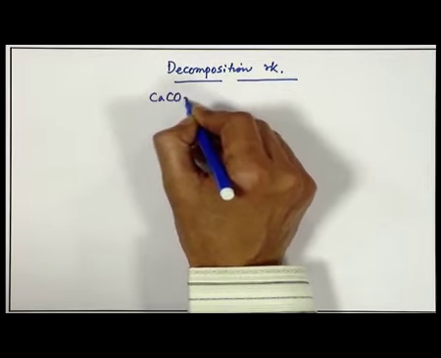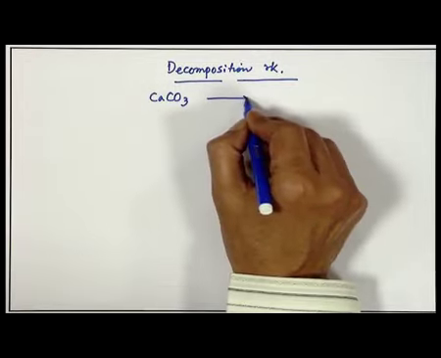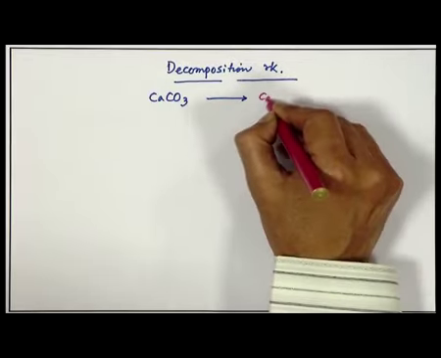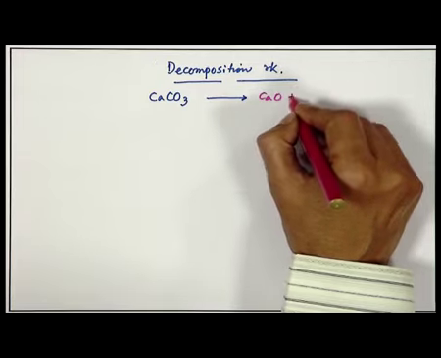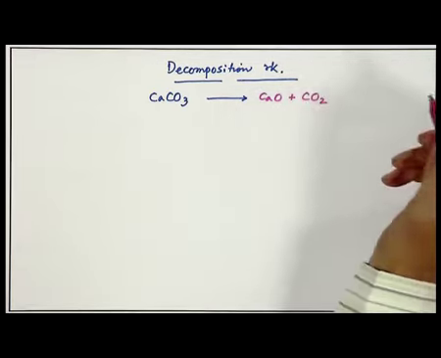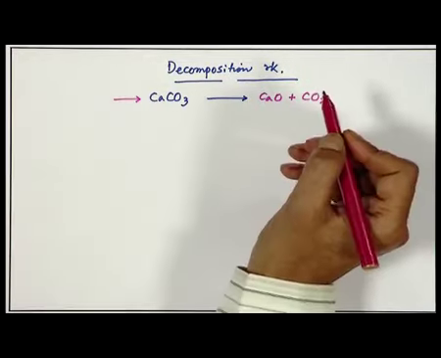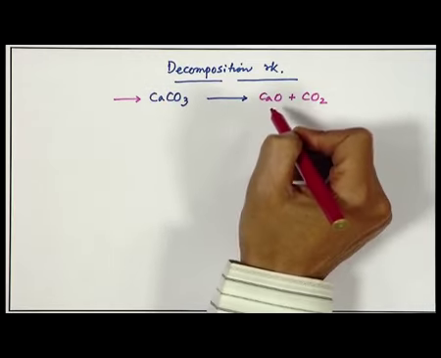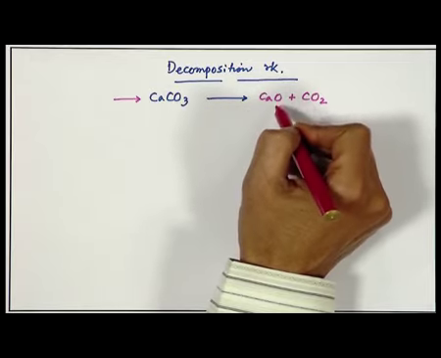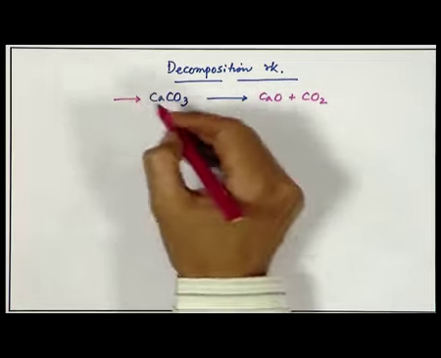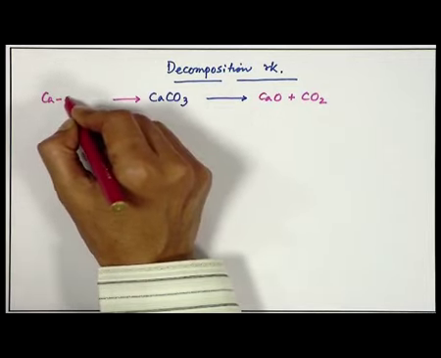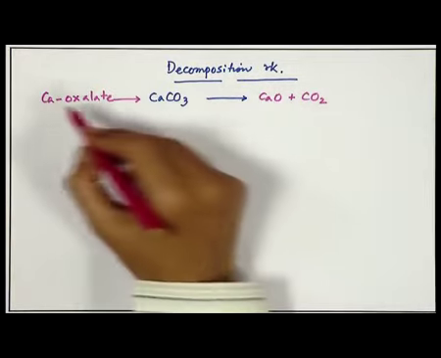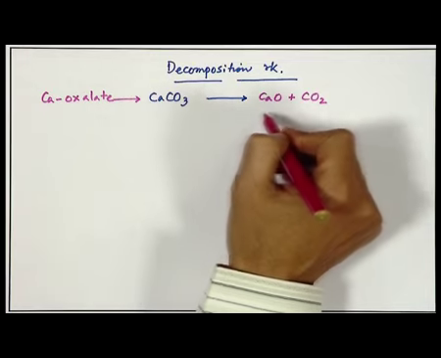One good example of a decomposition reaction, because there is no change in the corresponding oxidation states of the cationic part or the anionic part, we simply see that when decomposition is taking place for calcium carbonate, we get calcium oxide and carbon dioxide, because this is a very good analytical technique also for getting estimation of calcium and its corresponding analytical values for the presence of calcium in any unknown material, because we can have this and it can be obtained from calcium oxalate also, because oxalate ions are very good ions which can bind nicely to these calcium centers.